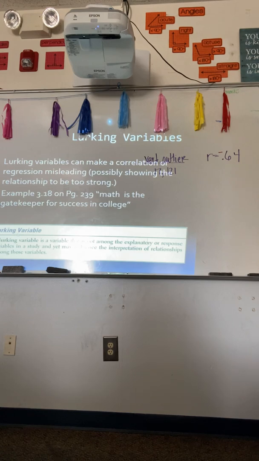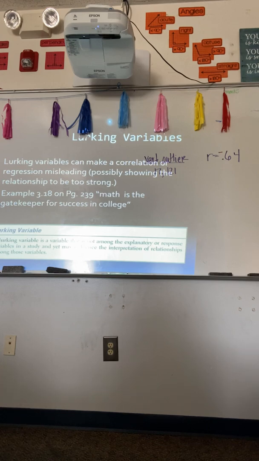All right, last thing, lurking variable. This is a variable that is not plotted on the X or Y, okay? But it might influence. So it might be the economy, an election coming up, okay? All those different things could definitely be in the background of a scatter plot or a regression line or a graph that really could influence the data, okay?